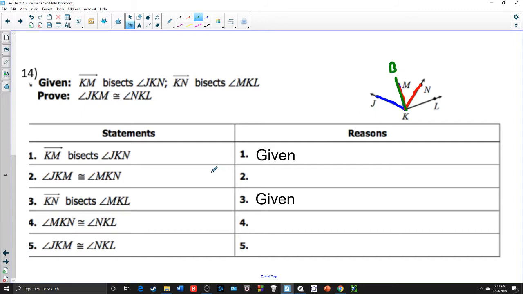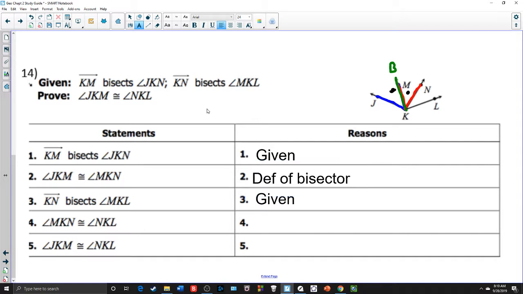And we know, at least we should know, that when you have a bisector, if you look at your theorem bank, it cuts an angle in half so that both angles on either side, which would be this angle and this angle, are equal. That's what a bisector does. That's the purpose. So this would be by definition of bisector.